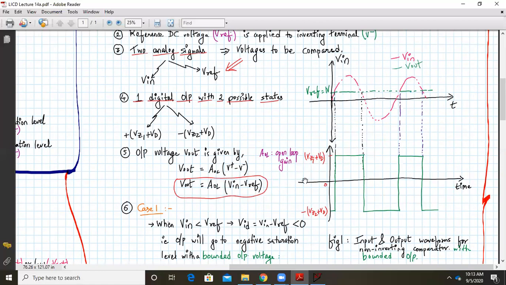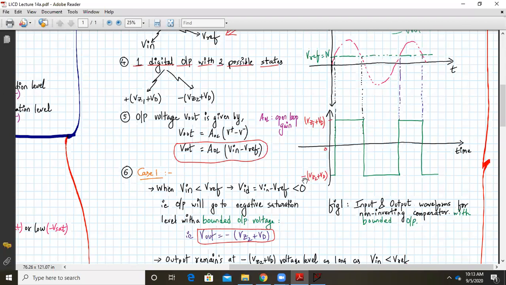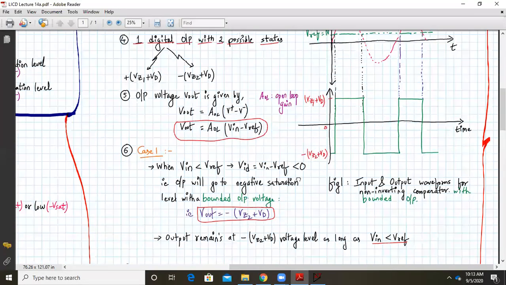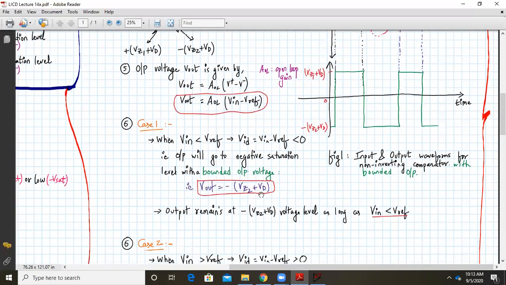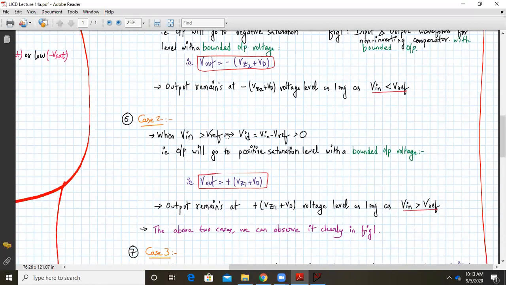So this is the input-output waveforms of the non-inverting comparator with bounded output. These are the various cases which we have described earlier. For V in less than V reference, output will be at the negative voltage level, and it will remain at that level as long as V in is less than V reference. Similarly, when V in is greater than V reference, output will go to positive saturation at plus VZ1 plus VD, and remain there as long as V in is greater than V reference.